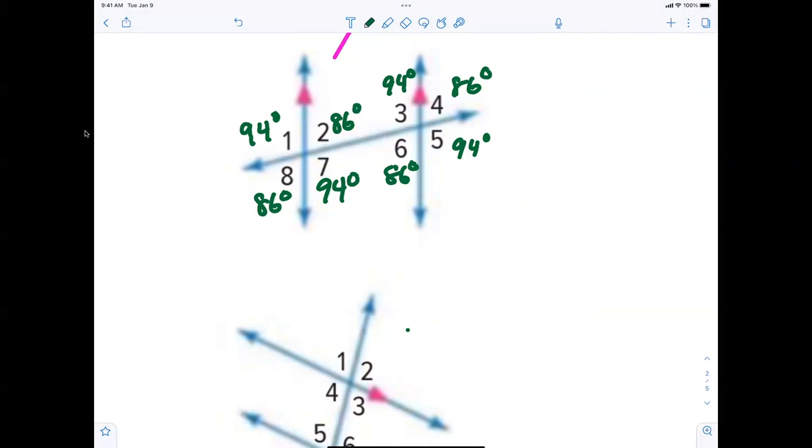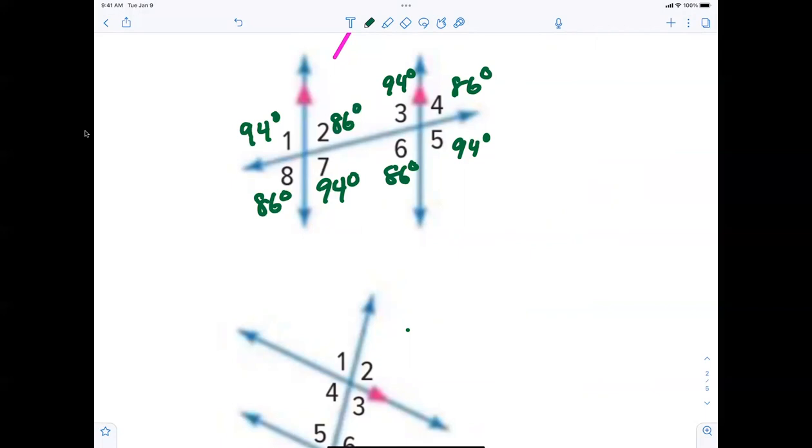Alternate interior. 1 and 5. 8 and 4. Now we have 1 and 3. And now what if we said 7 and 6? Same spot, consecutive. Consecutive interior. All right. Thank you for that.